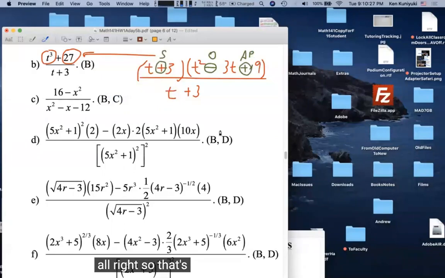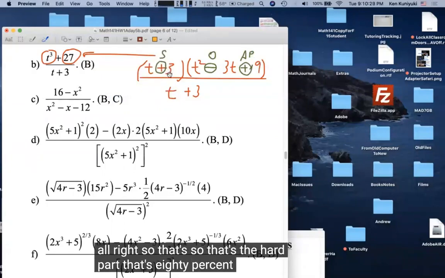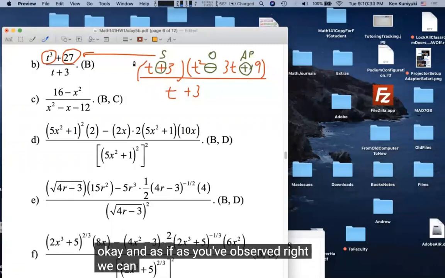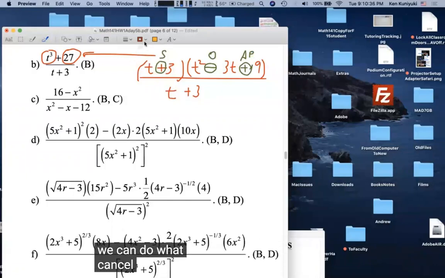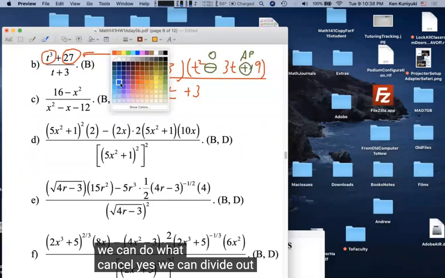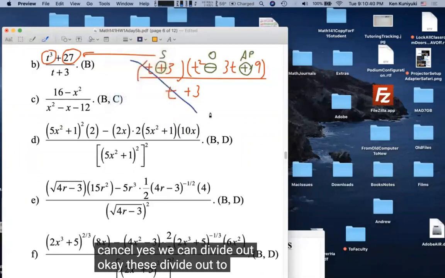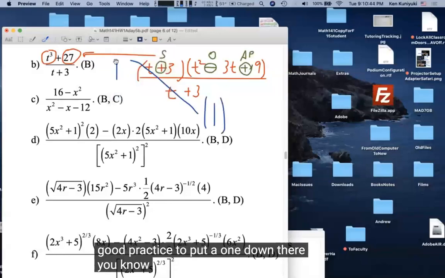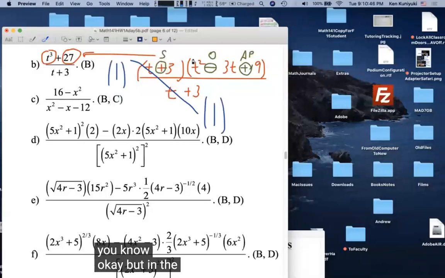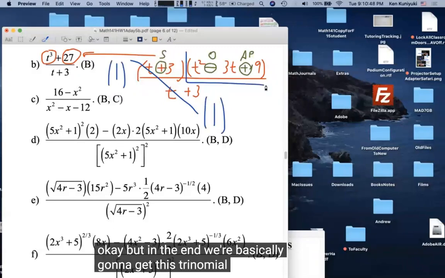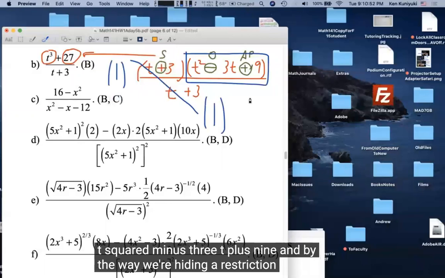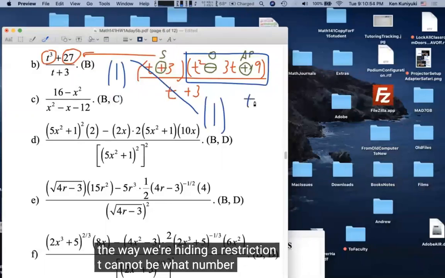All right. So that's the hard part. That's 80% of the problem, right? And as you've observed, we can cancel. Yes, we can divide out. These divide out to 1. It's good practice to put a 1 down there. But in the end, we're basically going to get this trinomial piece, t squared minus 3t plus 9. And by the way, we're hiding a restriction. t cannot be what number?